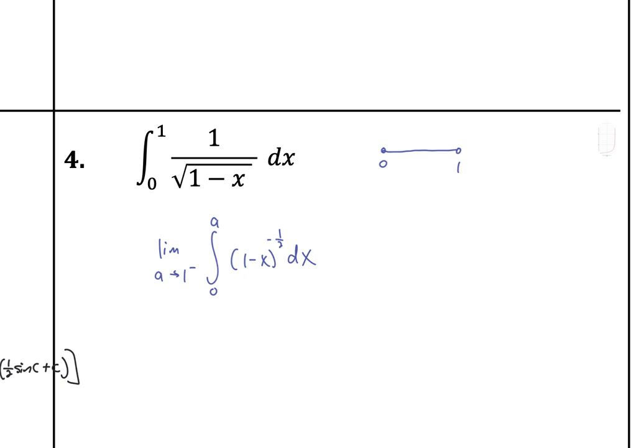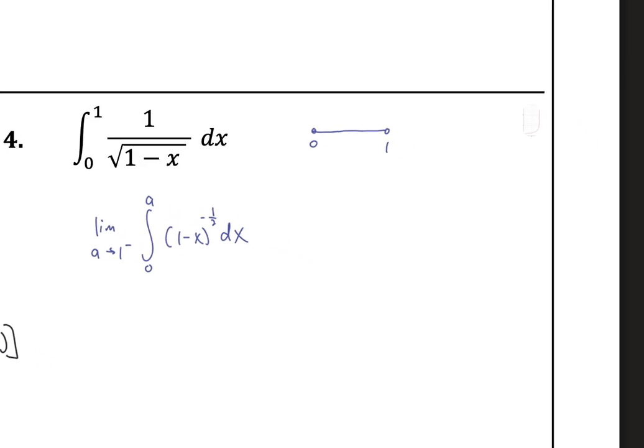Might as well do that in this step. Okay, and then we can do a power rule. There's going to be a negative with the chain rule, but you can just do that negative there. This is really going to be 2.